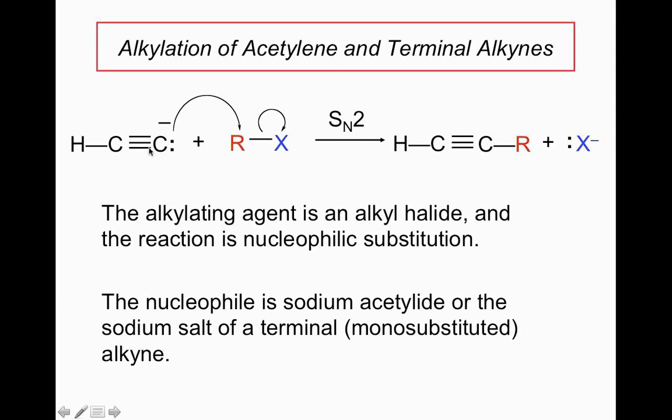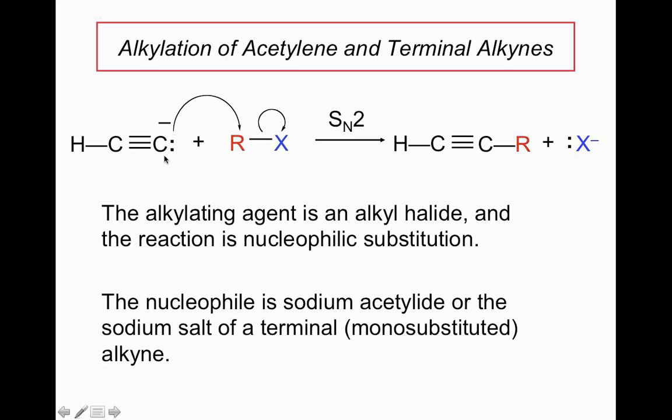Think of this carbanion as any other nucleophile that you've seen before. It has electron density around it, which is capable of attacking an electrophile to displace a leaving group in an SN2 reaction. This type of reaction is known as an alkylation reaction because we're adding an alkyl group to an alkyne functional group. We are alkylating the alkyne functional group.